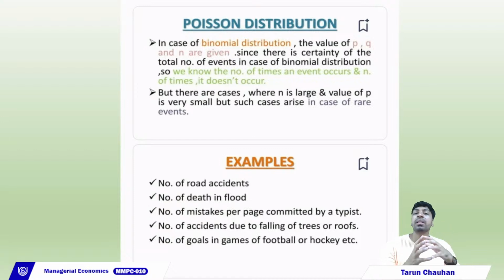In the binomial we know there are two possible outcomes, but in the Poisson we don't know the possible outcomes. So in that scenario we use the Poisson distribution, because we are calculating the probabilities of all Poisson variables in the case of rare events or a population. That's called the Poisson distribution.